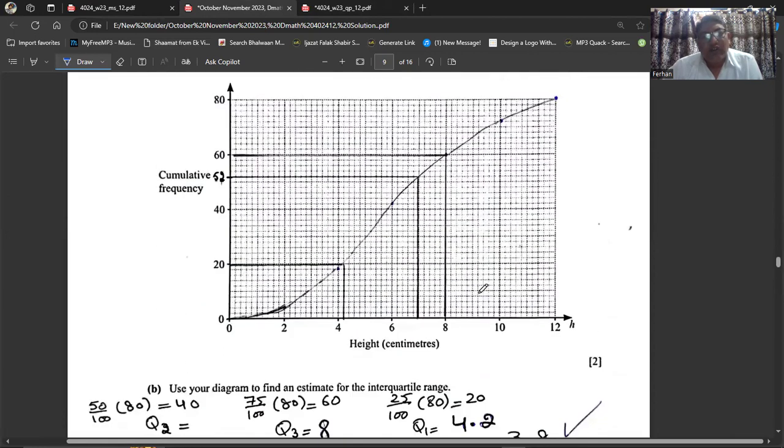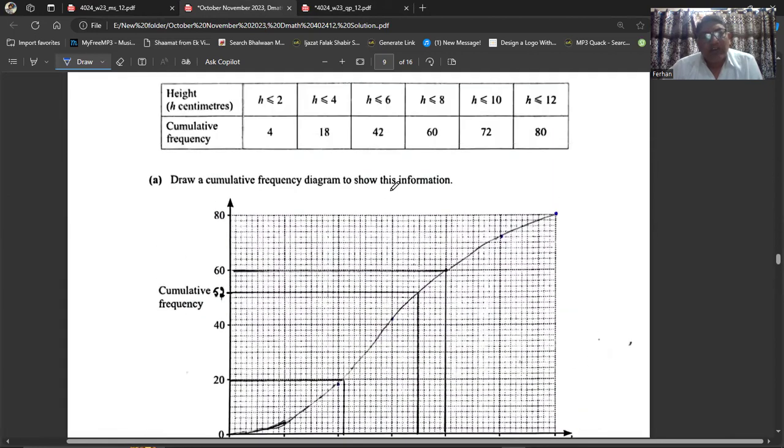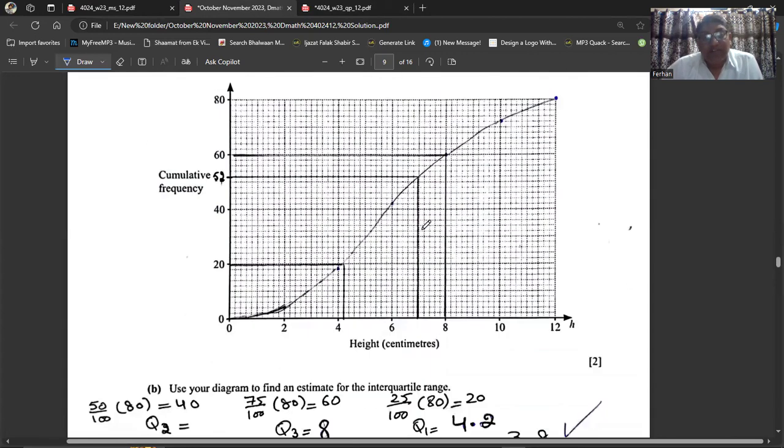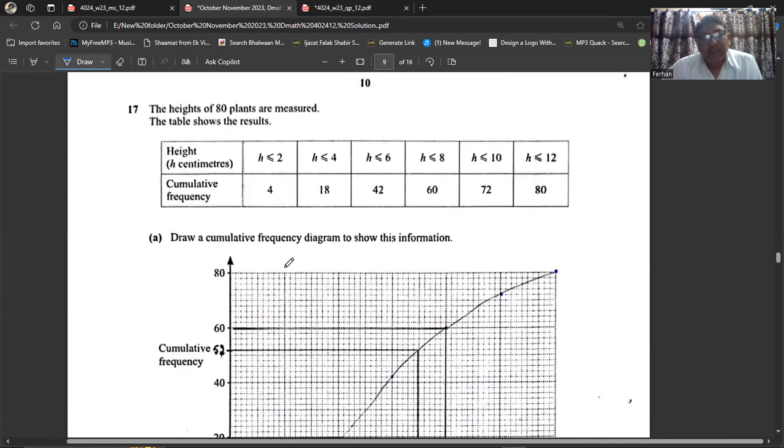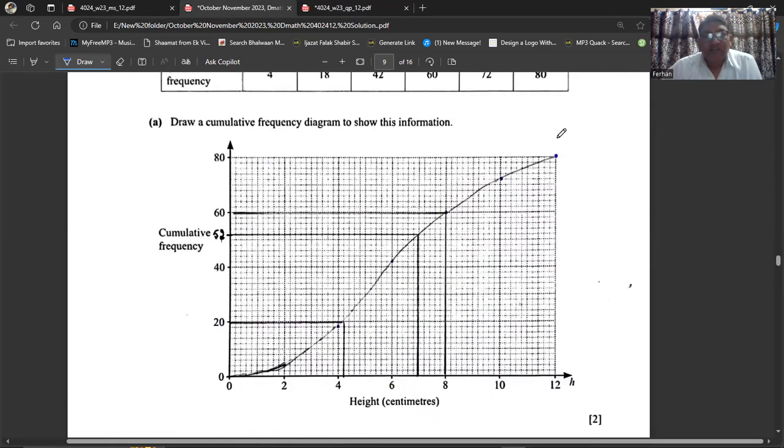At 8, a dot of 60. At 10, a dot of 72. And at 12, a dot of 80. Then you will join them with a curve. So this graph is representing the cumulative frequency diagram.